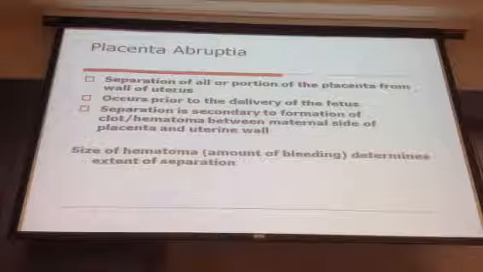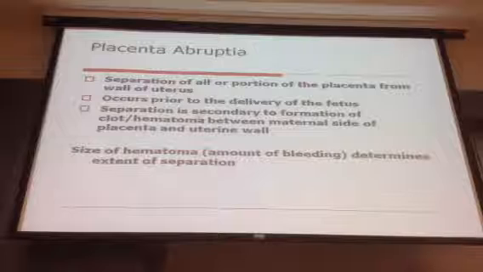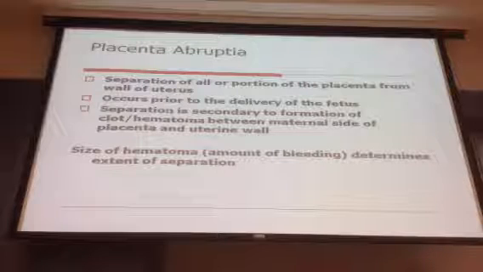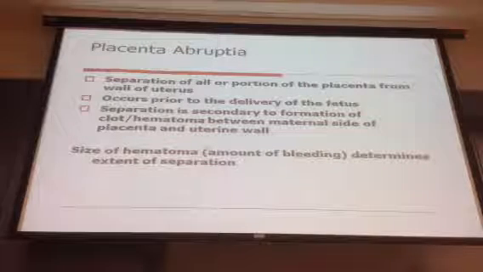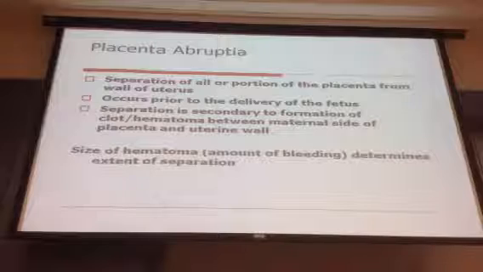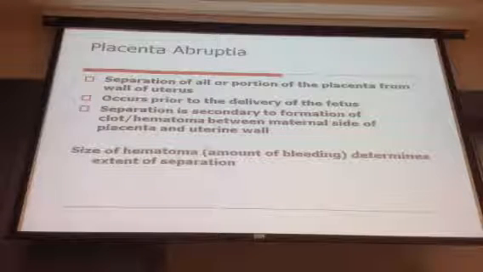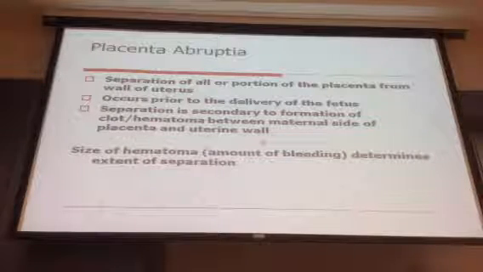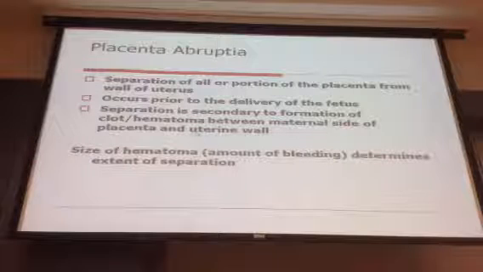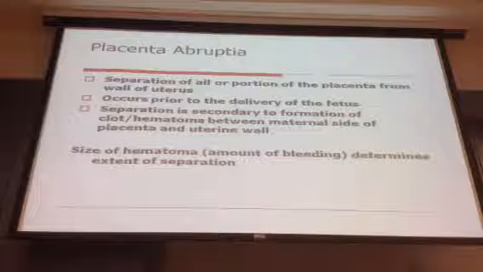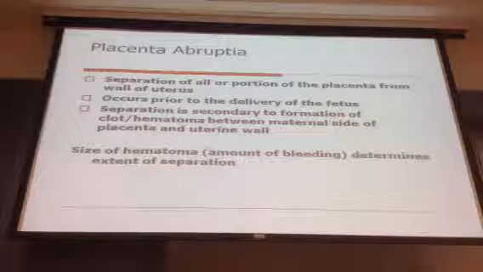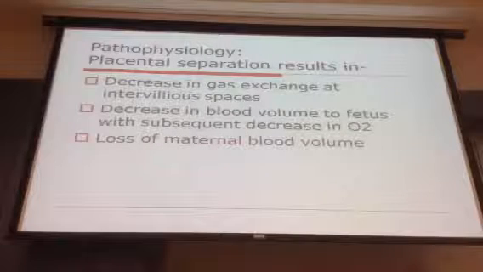All right? And the reason that it occurs is because of a hematoma, essentially, that develops between the uterine wall and the placenta. And why that develops, there's a lot of reasons, but the size of the hematoma is determined by how much bleeding has occurred, and that also determines the extent of the separation.